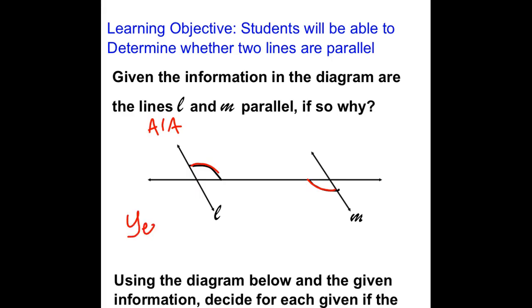Yeah. That's going to be your converse of the alternate interior angle theorem. Now, if that changed, if you had different markings, you might not be able to say that, but you want to look for what angle relationship they have, and then it's the converse of that theorem usually.